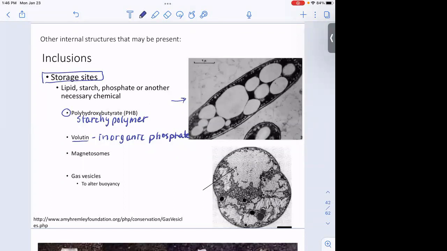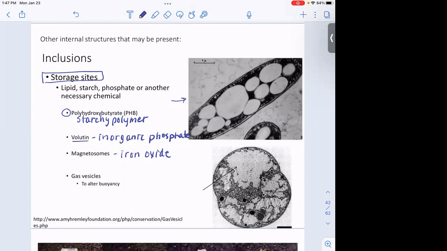Magnetosomes, these are inclusions with iron oxide. And some bacteria can use that to navigate in a magnetic way to where they may need to go, aiding in their movement.